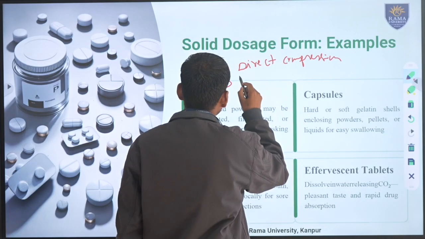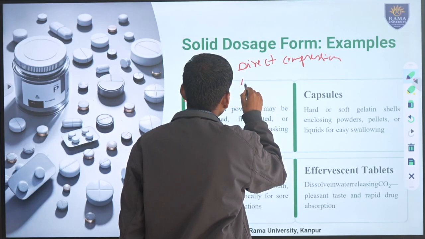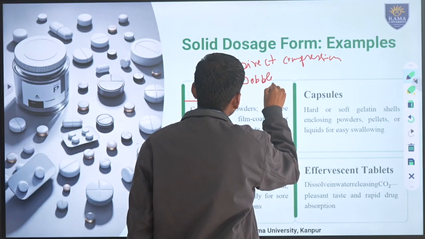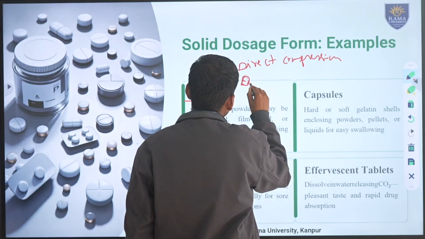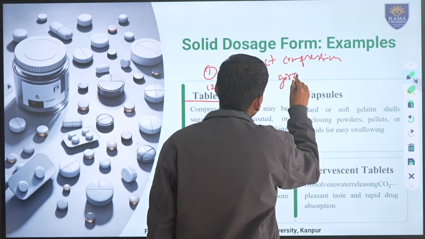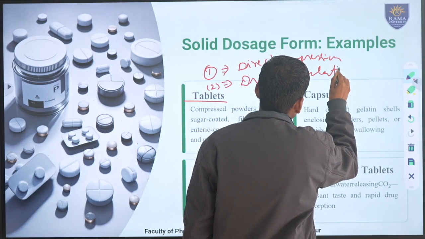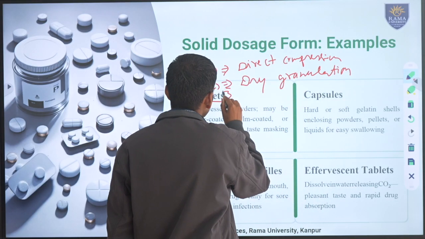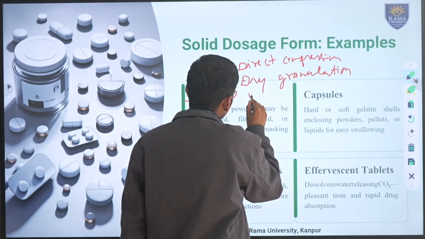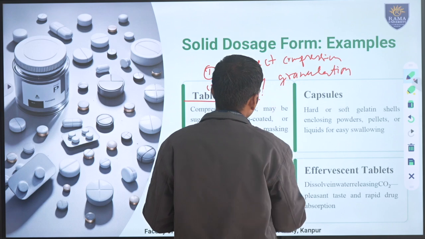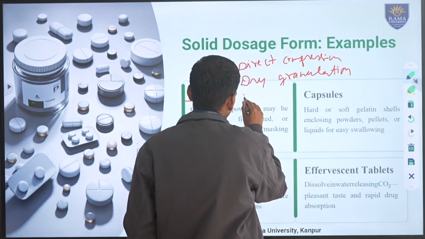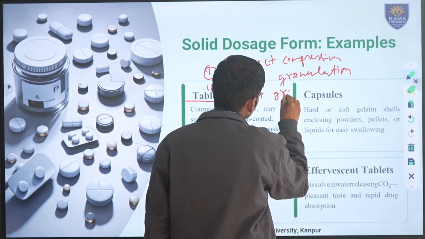Second one is double compression or dry granulation. And third one is wet granulation.